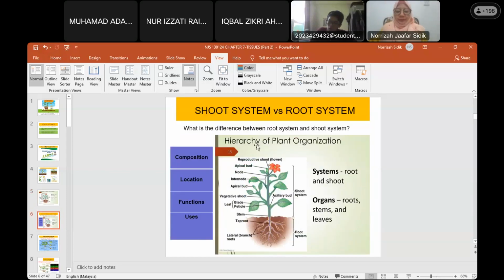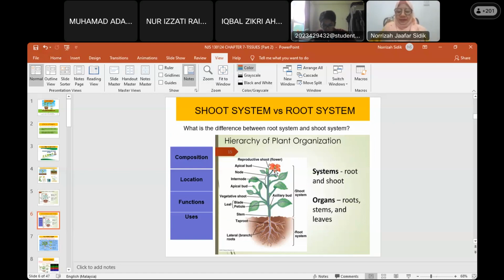Okay, so what's the difference between the root system and the shoot system? The difference between these two is in terms of their composition. The root system consists of the taproot, lateral roots, and also can be the tubers.